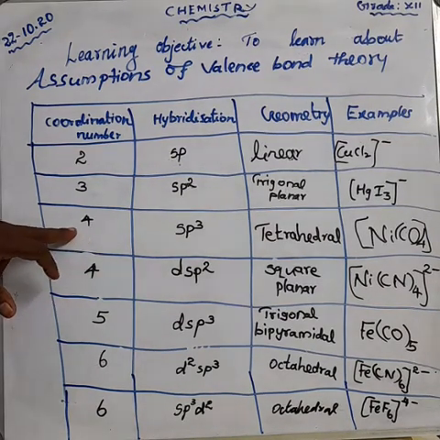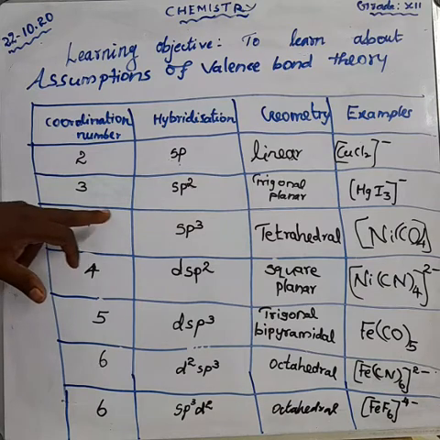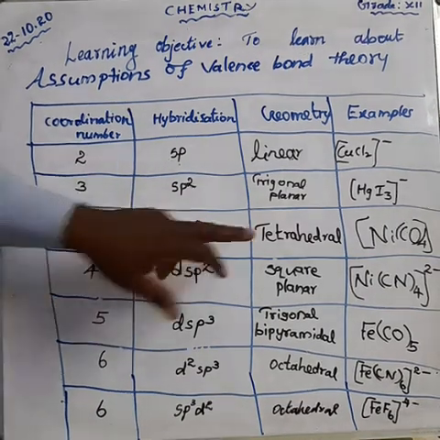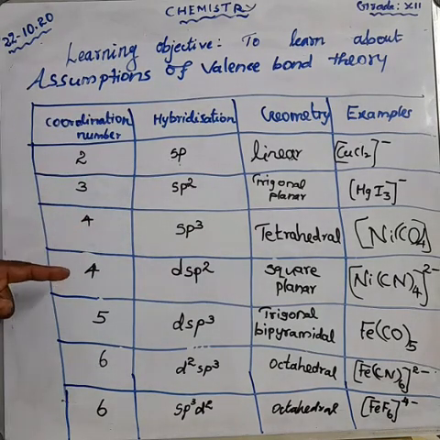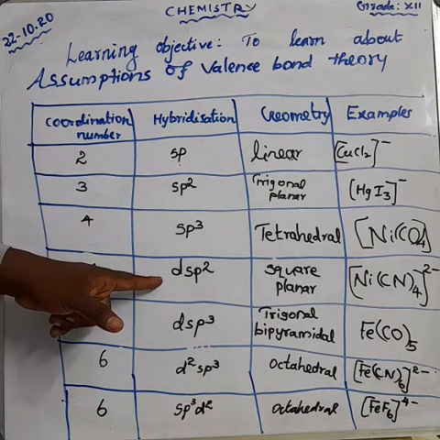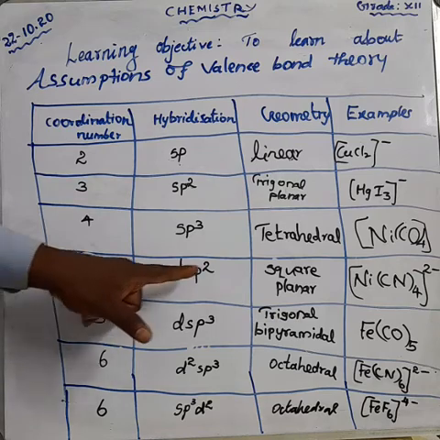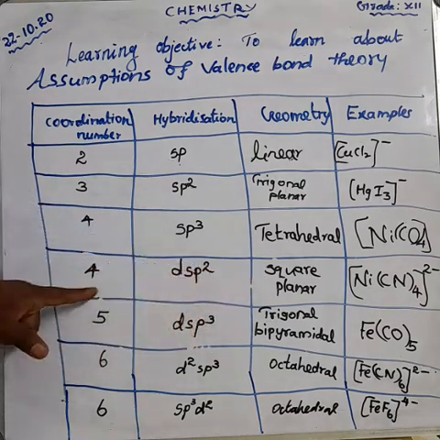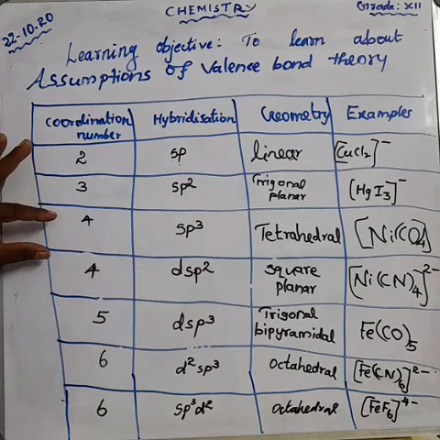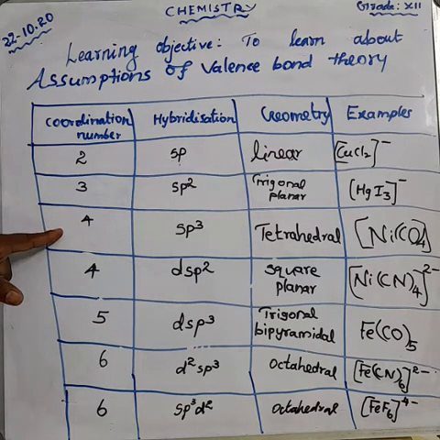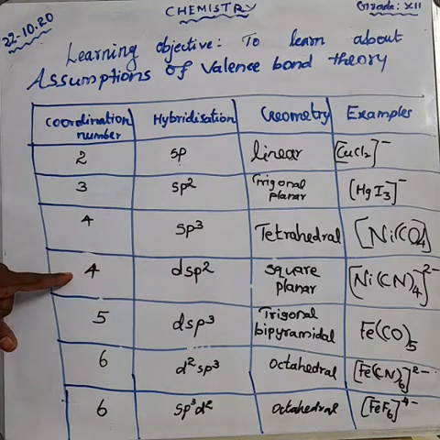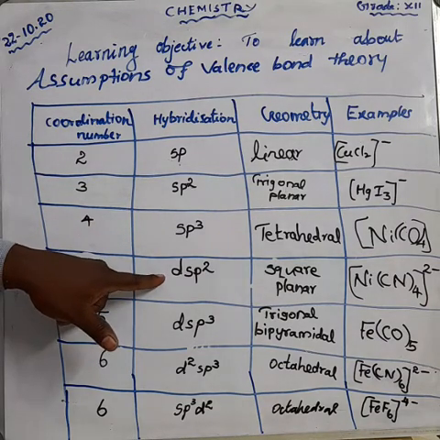Coordination number 4 with sp3 hybridization means tetrahedral. Suppose the coordination number 4 with dsp2 hybridization, it is square planar. Don't forget that coordination number 4 has 2 types: one with sp3 and one with dsp2.